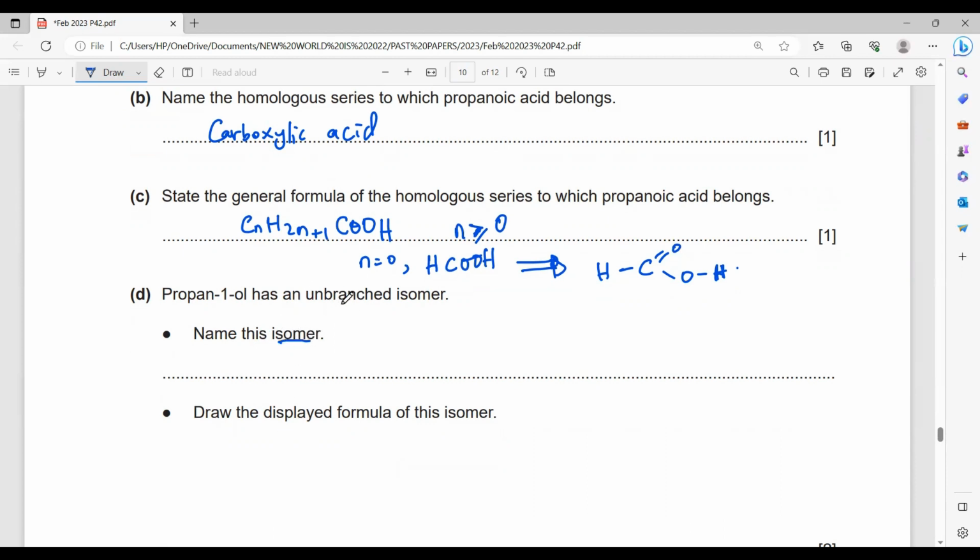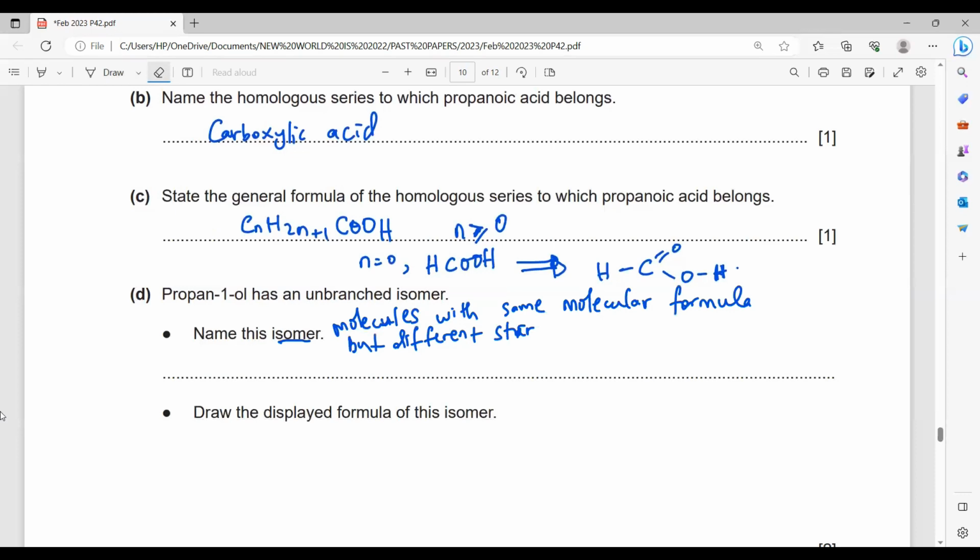We can define isomers as molecules with the same molecular formula but different structures. Write this clearly.